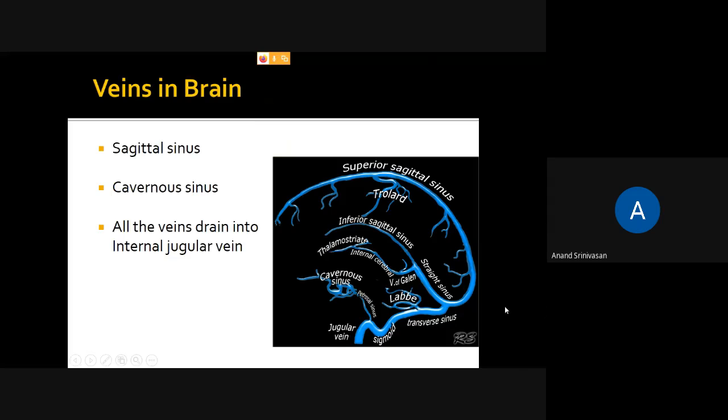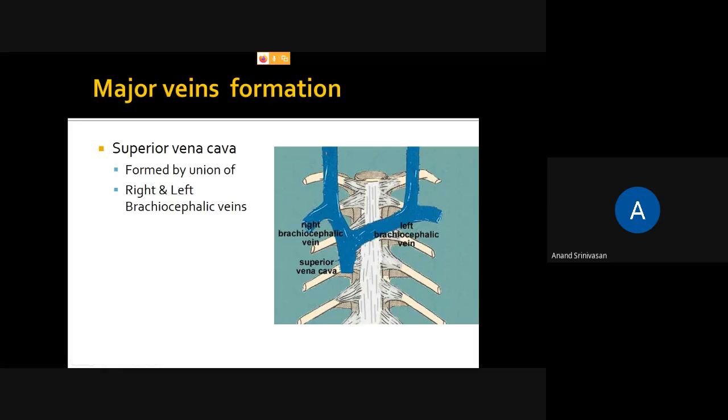All the venous drainage finally drains into the internal jugular vein. The brachiocephalic veins, formed by the subclavian and internal jugular veins on the right and left side, join together to form the superior vena cava.